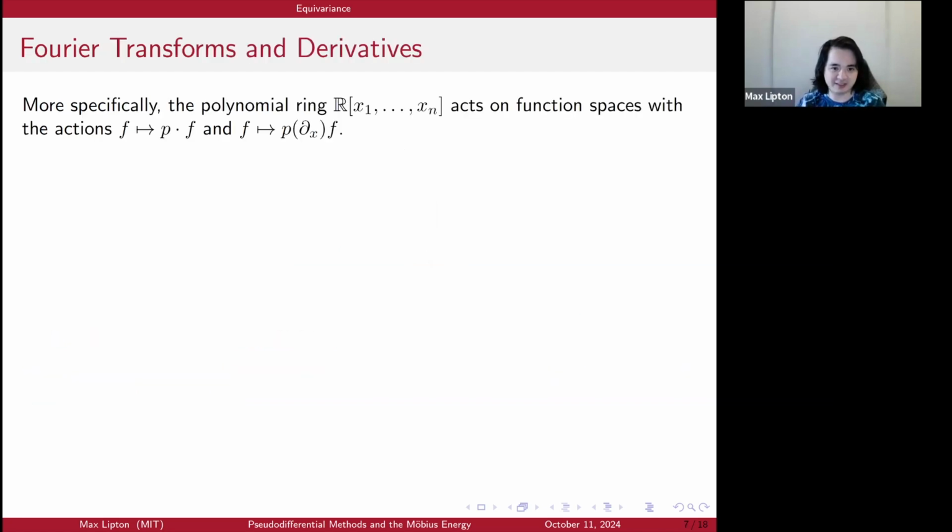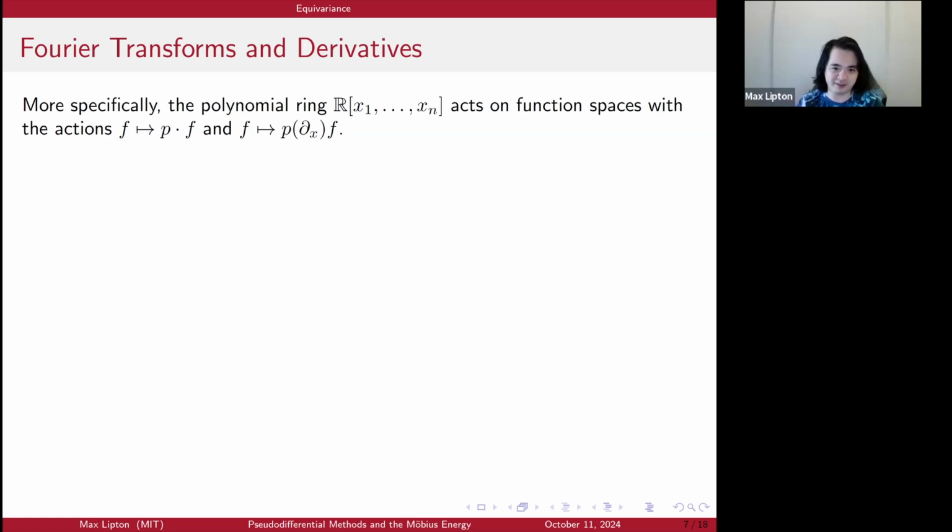So more specifically, there are two different actions on function spaces based on polynomials. We can either multiply a polynomial with a given function to get another function, or, assuming we have a notion of derivatives, which in this case we will, we can view our polynomial as a linear differential operator and then apply that to our function.